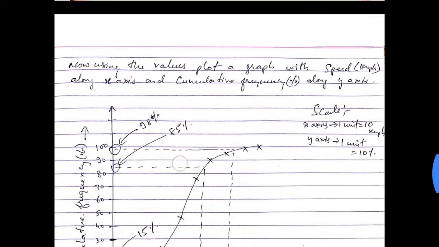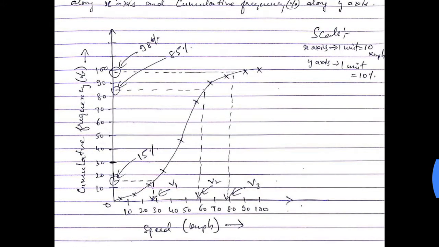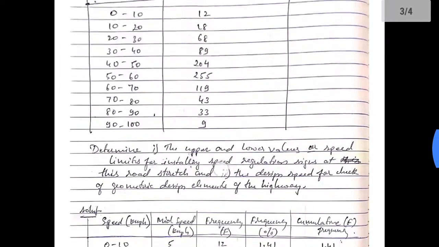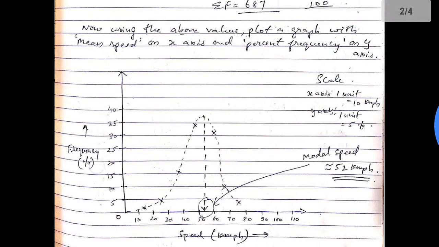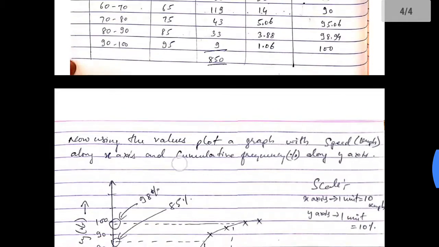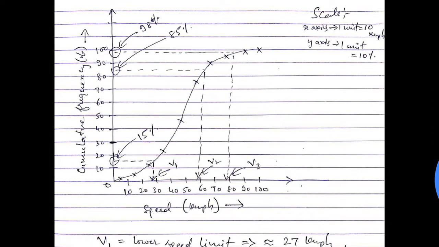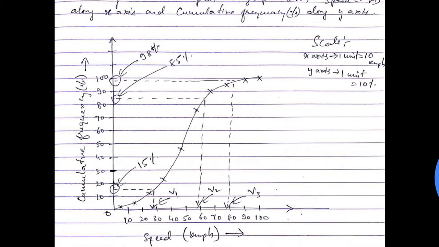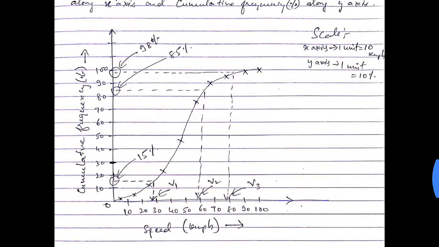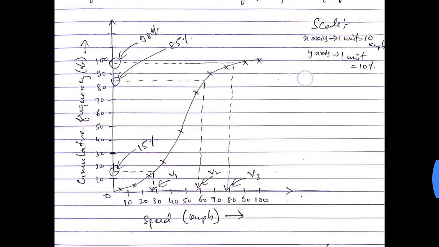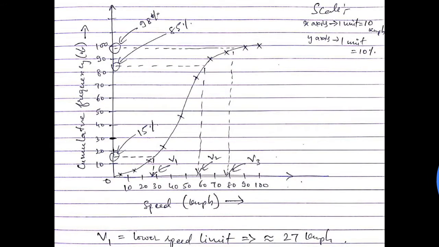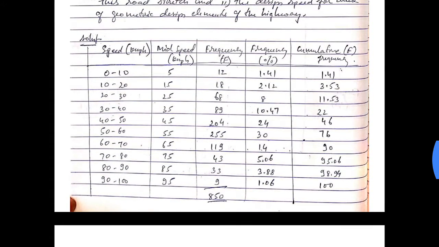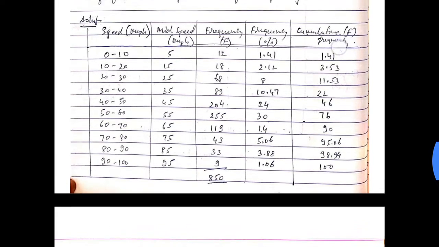Unlike in the previous problem, where it was only frequency percentage, here you need to plot cumulative frequency percentage. The scale that I've used is, along the x-axis, 1 unit equal to 10, and along the y-axis also 1 unit equal to 10. Now you can plot the points between mid speed and the cumulative frequency percentage.